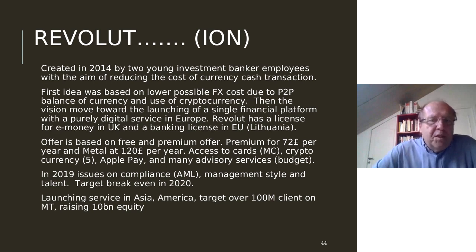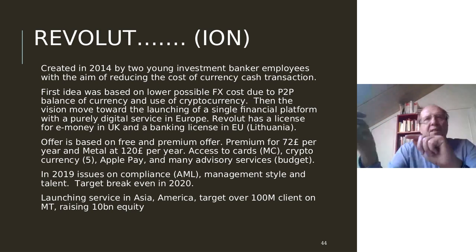Obviously, the name comes from revolution, and Revolut was founded in 2014, so not long ago, by two young traders. They were working at Credit Suisse, I believe, and they were from Estonia, living in London. One was living in Estonia, the other in London.